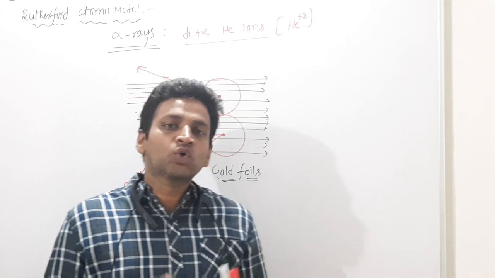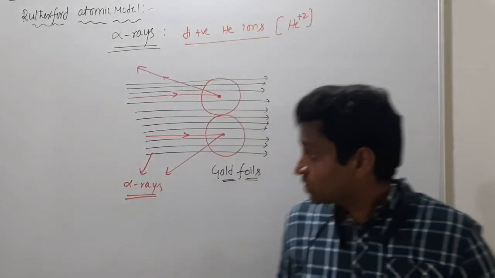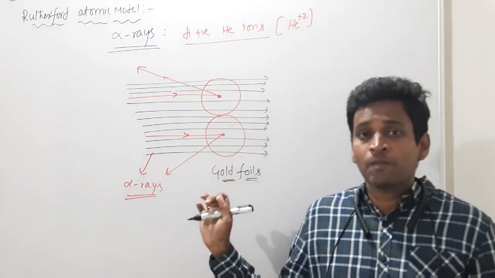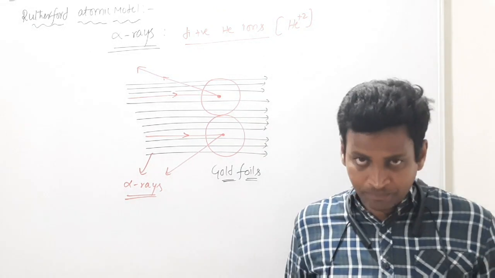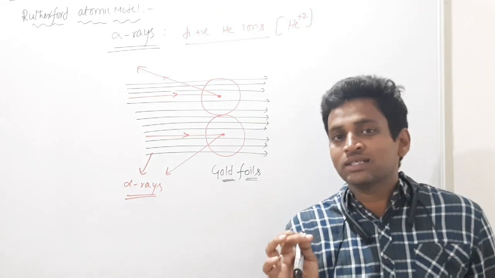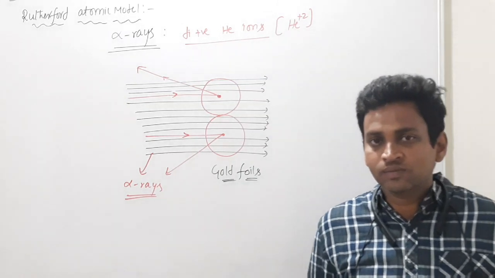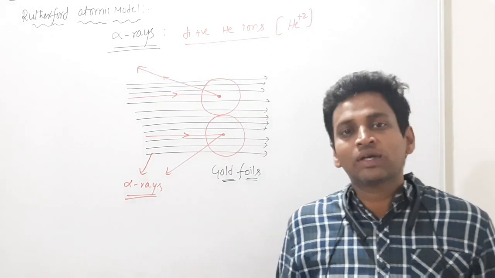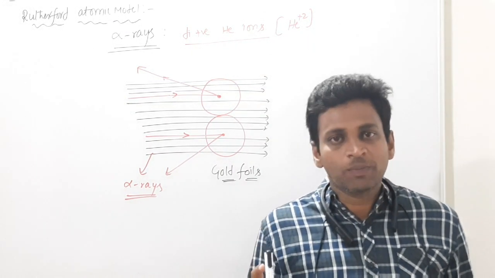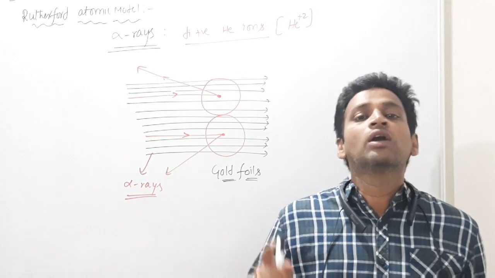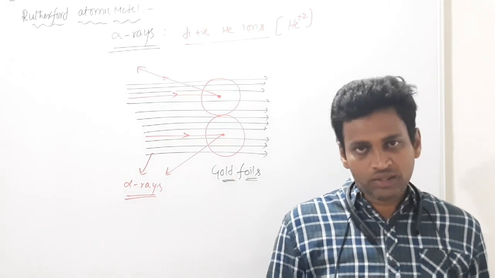So the final conclusion was given. What is that conclusion? In an atom, the nucleus consists of positive particles and around the nucleus some negatively charged particles are present, which are called electrons. He concluded this.